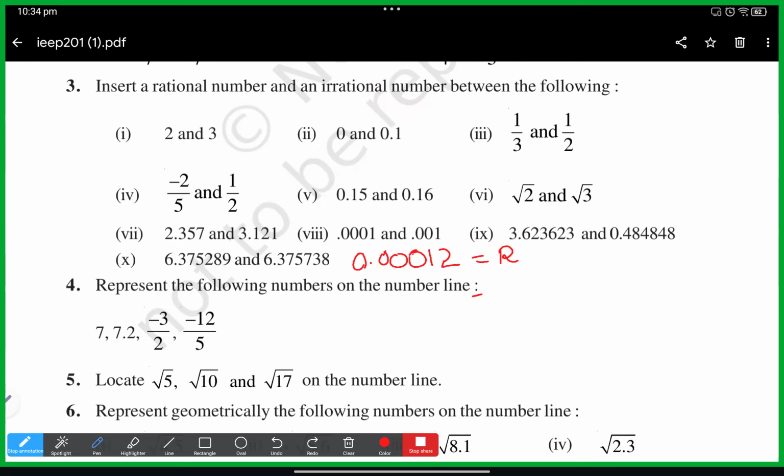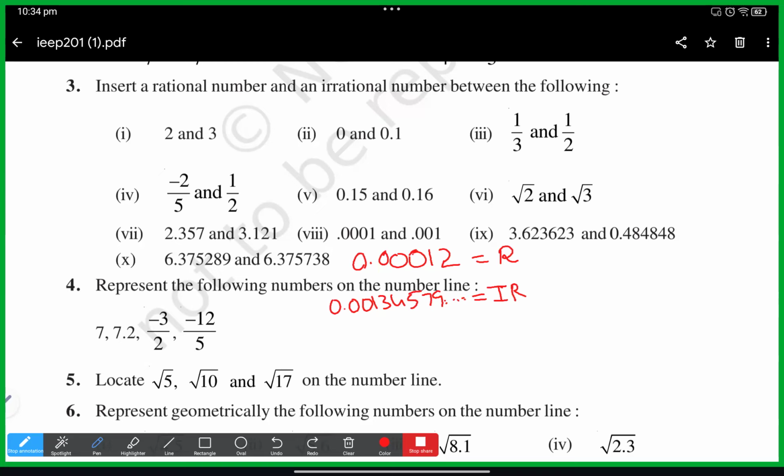Okay, Pranavi. And the next one is irrational; we can take 0.000134 and any numbers, 0.0001345798 and so on.